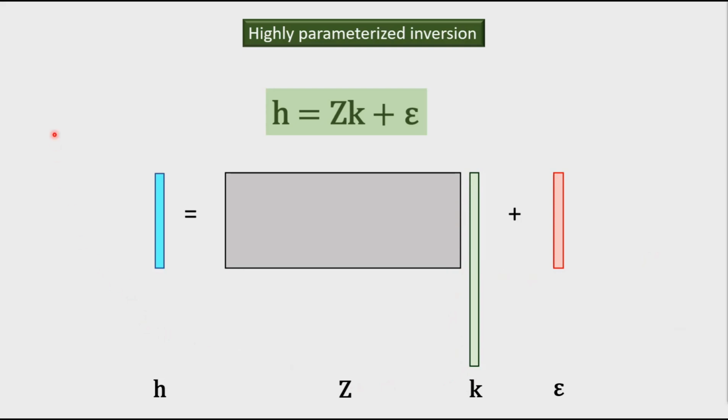So the inverse problem is inherently ill-posed because it is not possible to estimate lots of parameters on the basis of a few observations. Because parameters outnumber observations, the Z matrix is long in the horizontal direction.